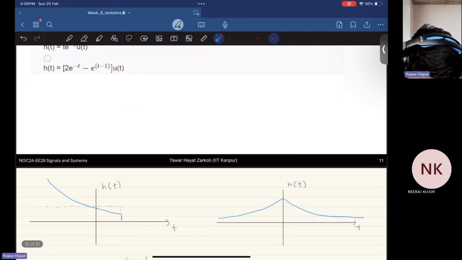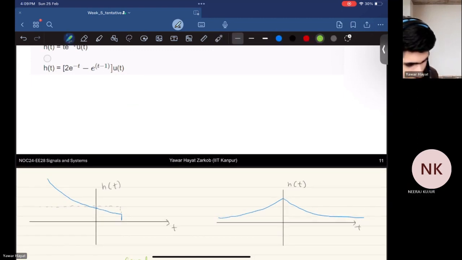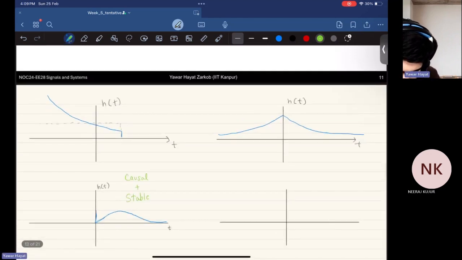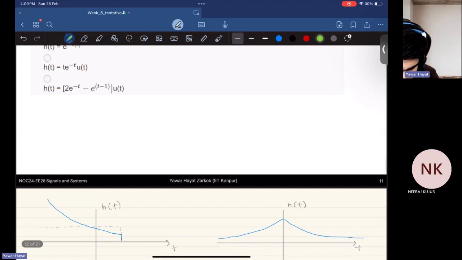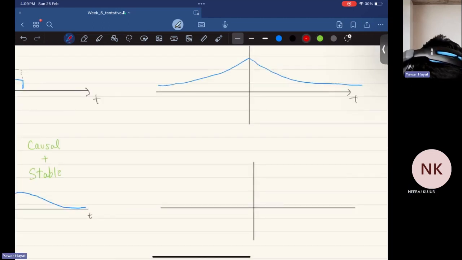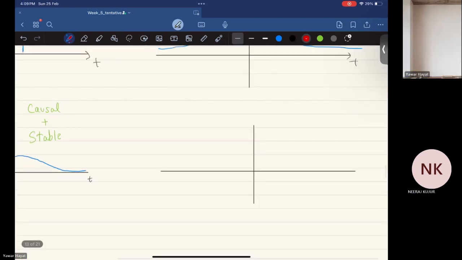Let's find out the behavior. e to the power minus t, I'll draw both of them. This is your e to the power minus t.